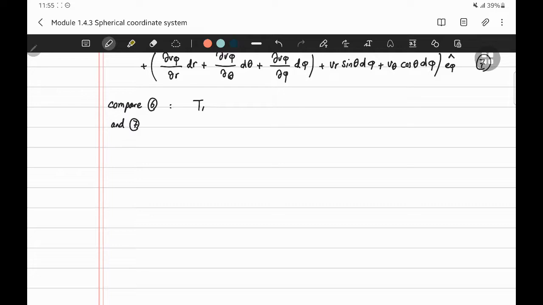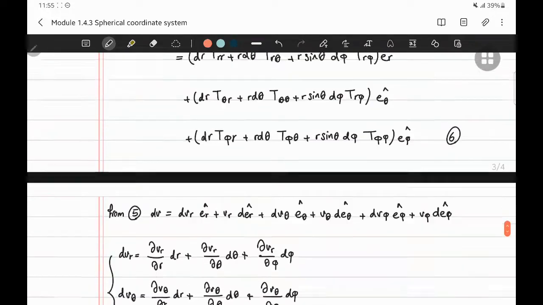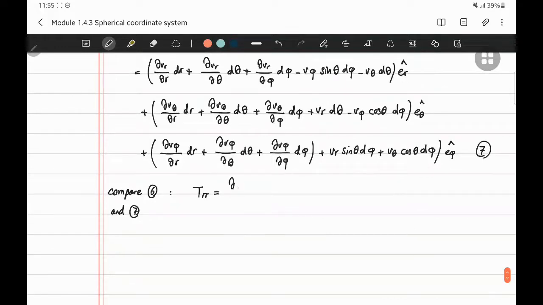If I compare, I will get T_rr, for example. T_rr dr is equal to, here I only have dr here, so this is the partial derivative of v_r with respect to r.